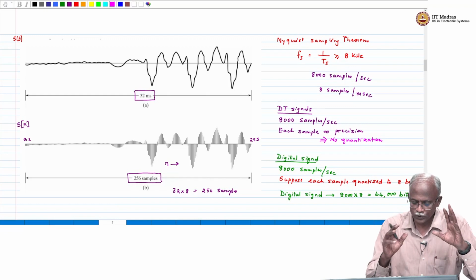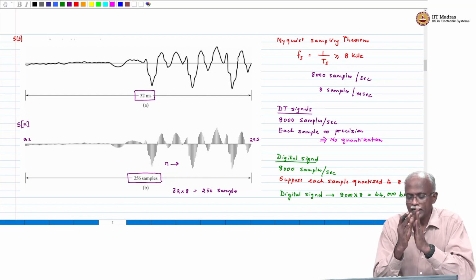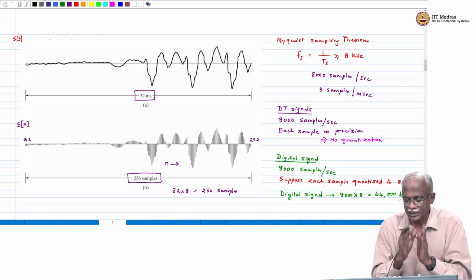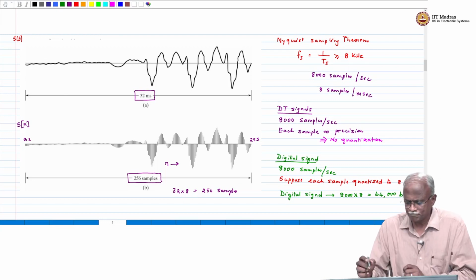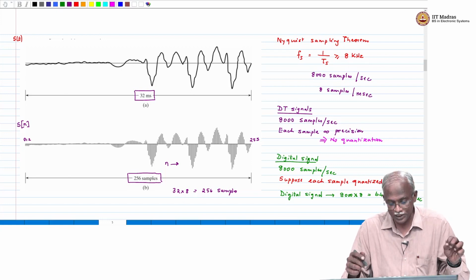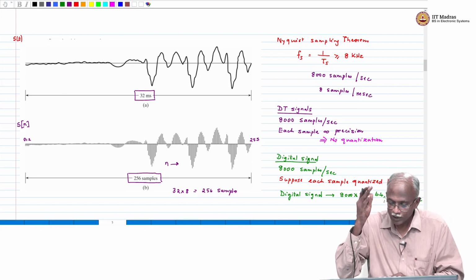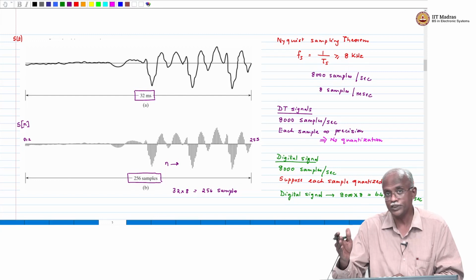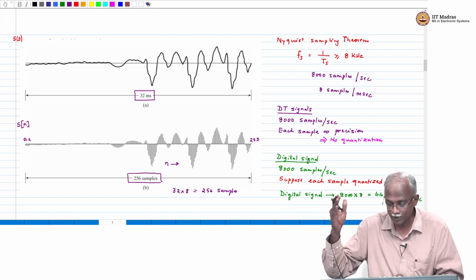Now, I wanted to refresh your memory and also give an additional example with this calculation. This is a continuous time speech signal, the signal xa of t. We are going to be sampling it at 8 kilohertz. We said that means it's 8,000 samples per second.